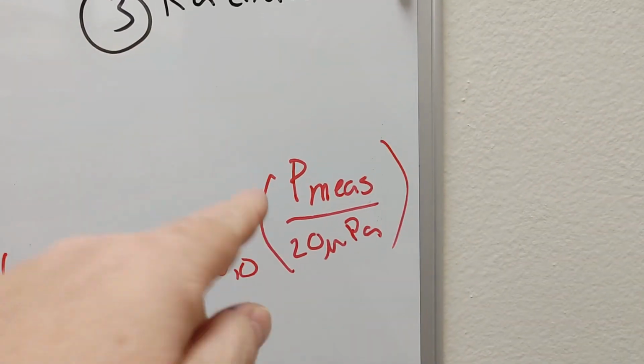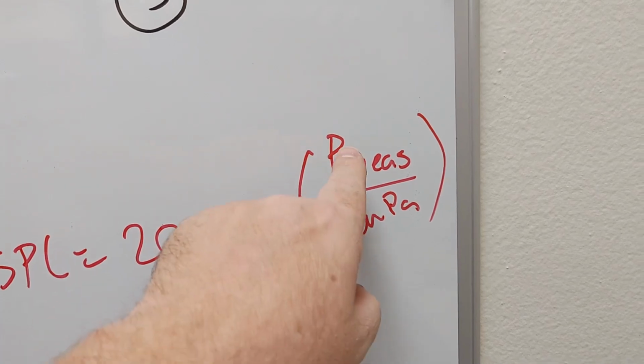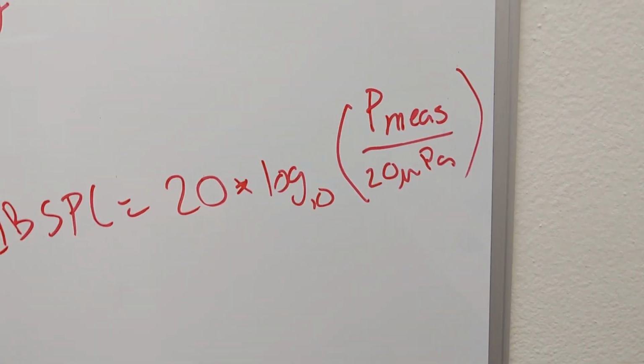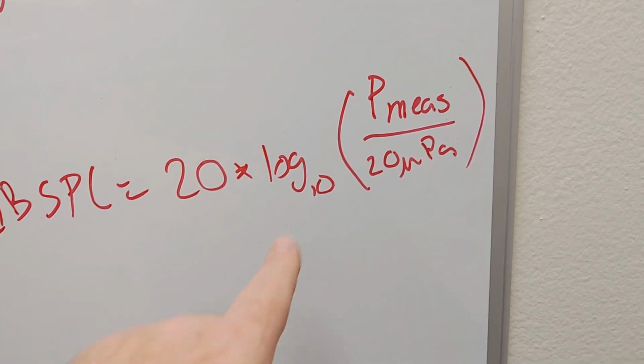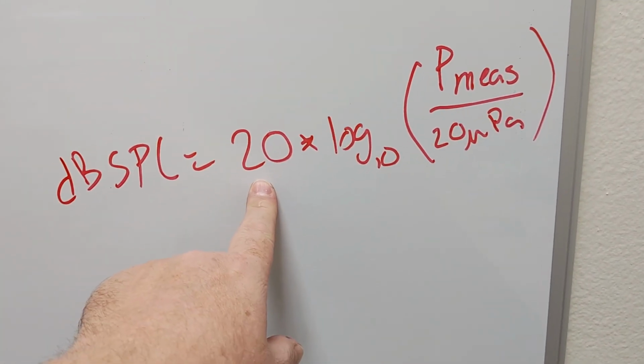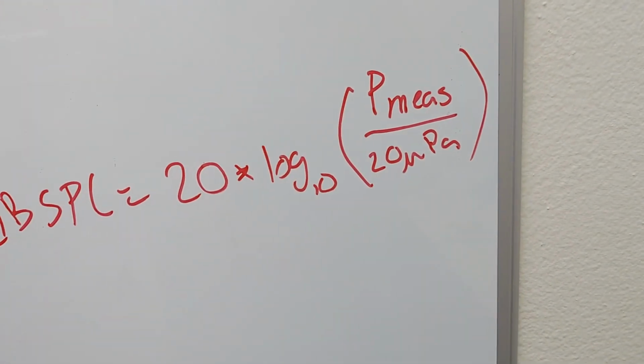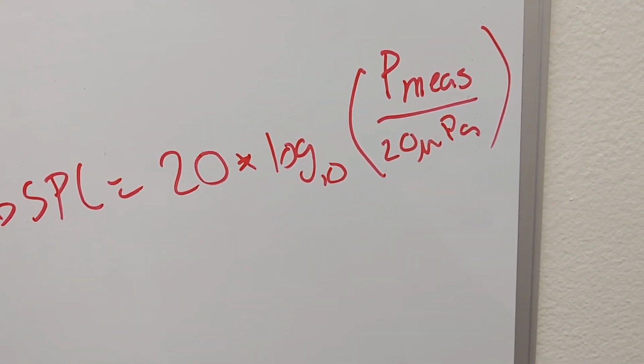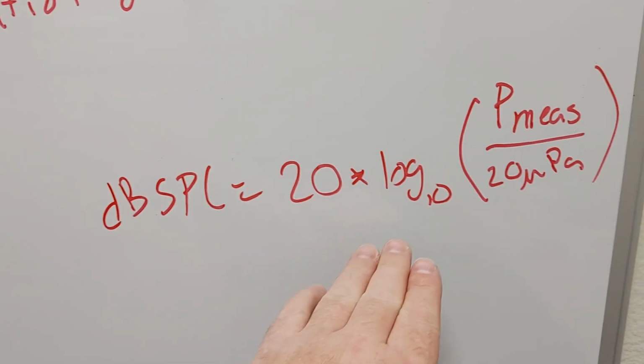So if I measured 1 Pascal of pressure, I get 1 divided by 20 millionths, which is a very big number, about 50,000 or something like that. Take the log of that, multiply by 20, and I end up right around 94 dB SPL. That's how you actually calculate it.